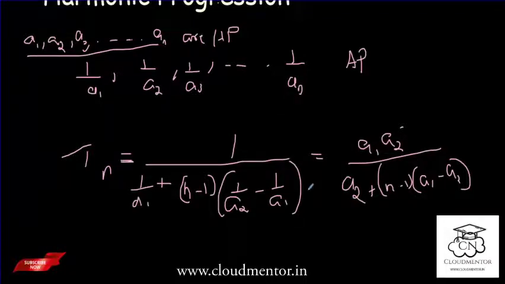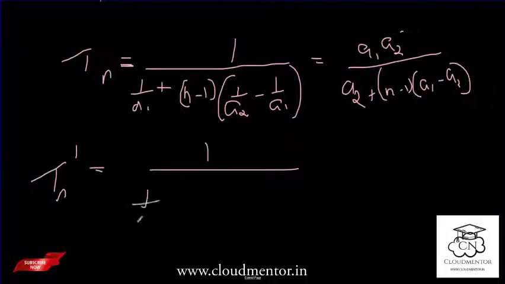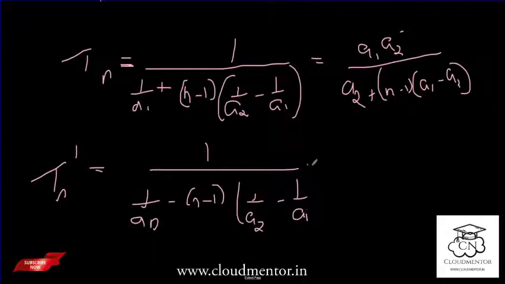Okay, and the nth term from the end, that is Tn dash, will be equal to 1 by (1 by An minus (n minus 1) of (1 by A2 minus 1 by A1)).